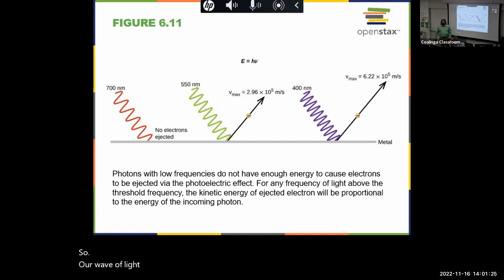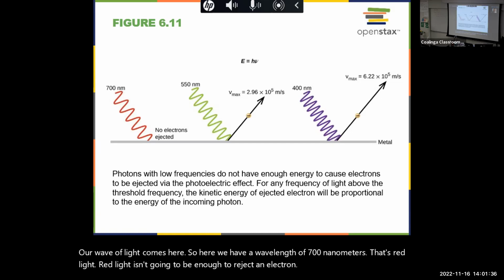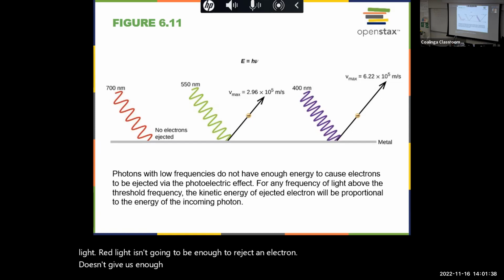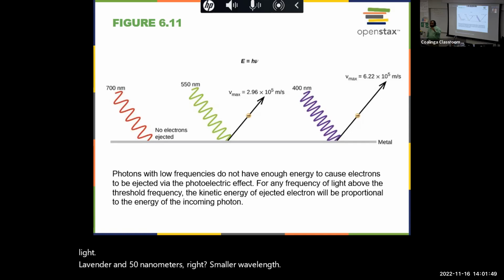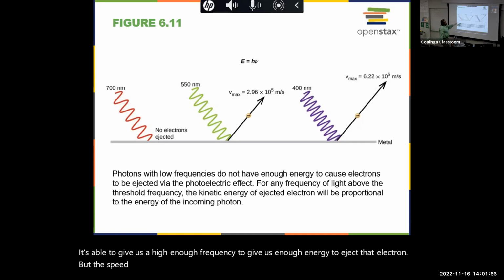So here we have a wavelength of 700 nanometers. That's red light. Red light isn't going to be enough to eject an electron. Doesn't give us enough energy, right? We need to get over that threshold. But if we have green light, 550 nanometers, right? Smaller wavelength, it's able to give us a high enough frequency to give us enough energy to eject that electron.